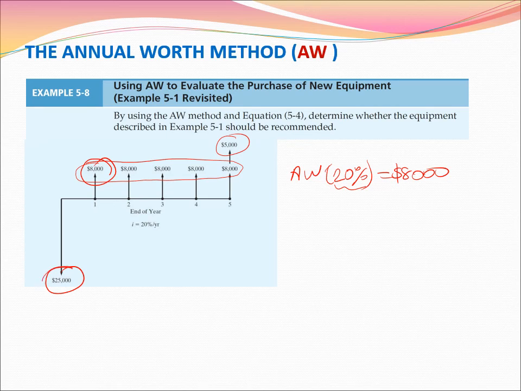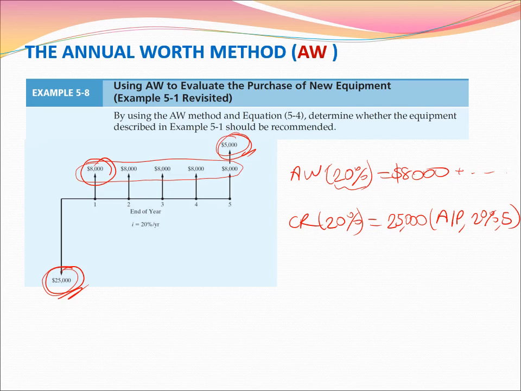Now we need to find the capital recovery corresponding to this initial investment. And how do we find the capital recovery? So I'm going to add this second part to here. The capital recovery, again using 20%, will be equal to, first I'm going to find for this 25,000 its annual equivalent given this interest rate and the number of periods.